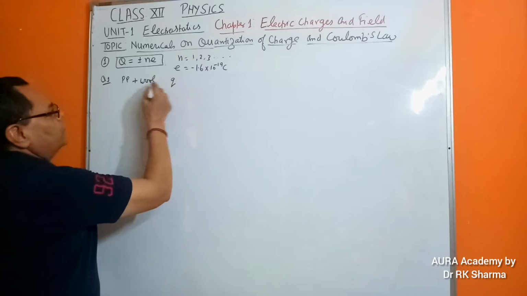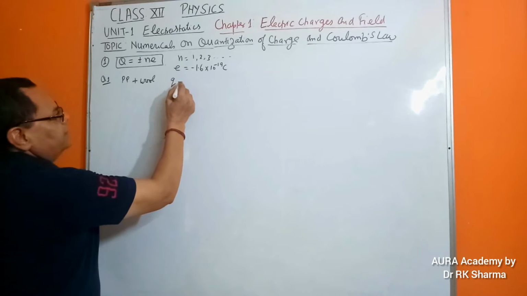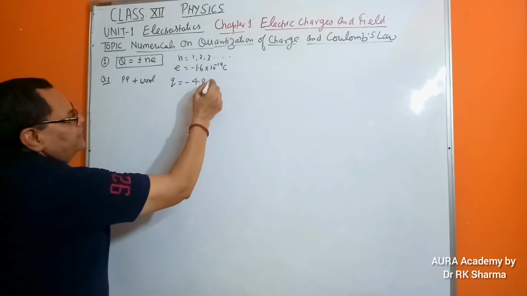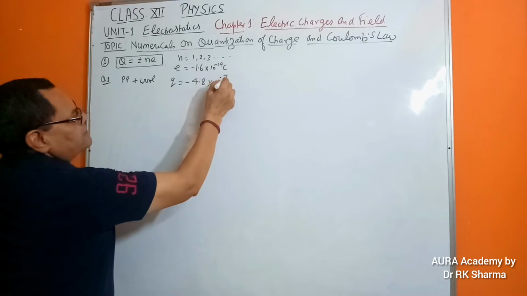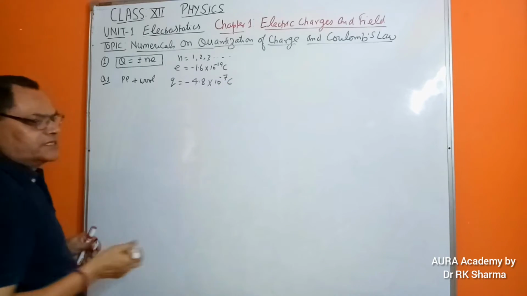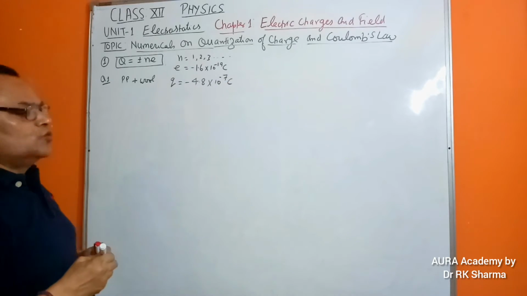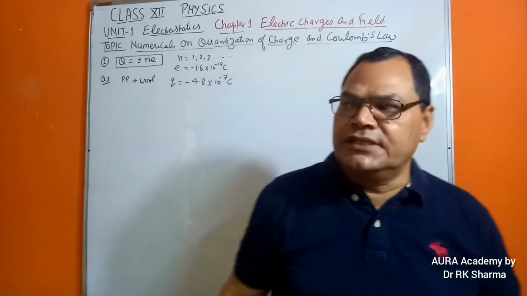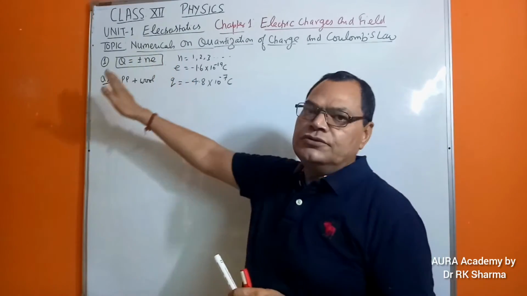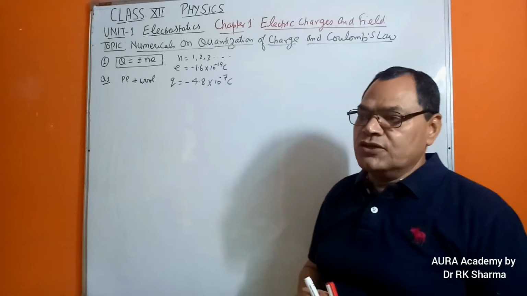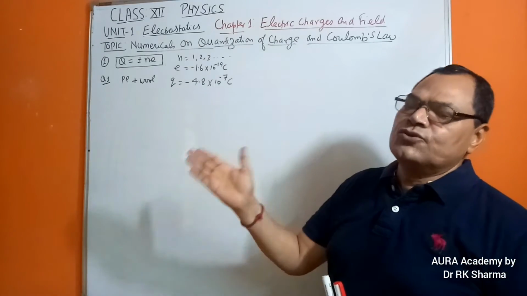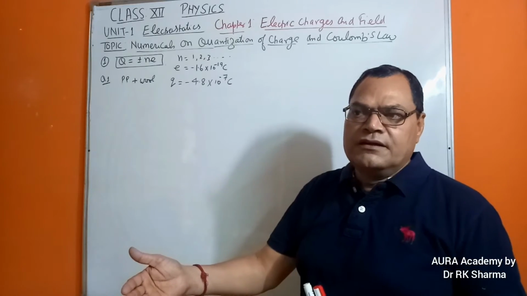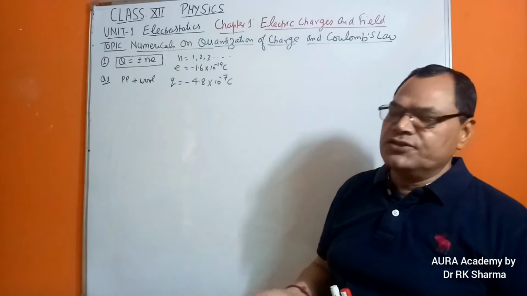The charge acquired by the polythene is minus 4.8 into 10 to the power minus 7 coulombs, say for example. The question is, how many electrons are transferred from wool to polythene? And if the electrons are transferred, is mass transferred? If yes, then how much?